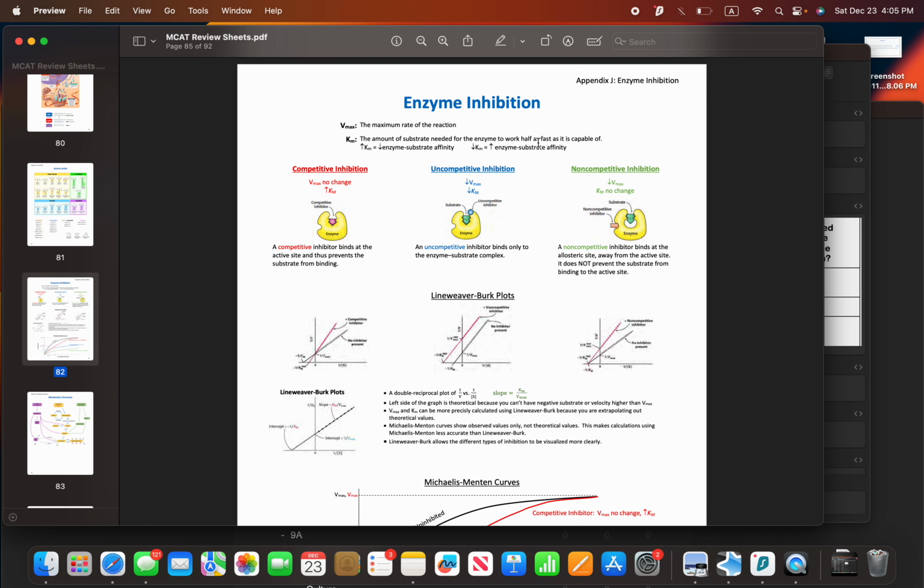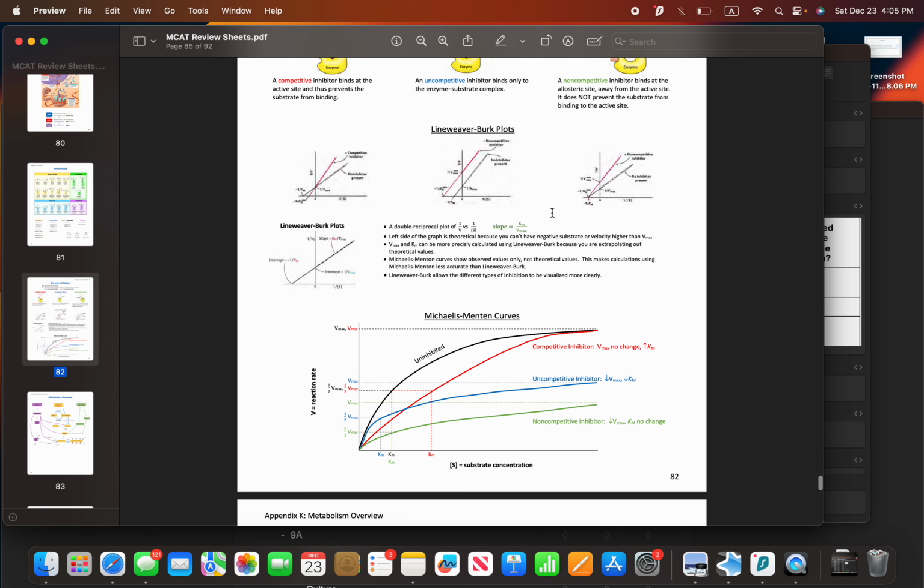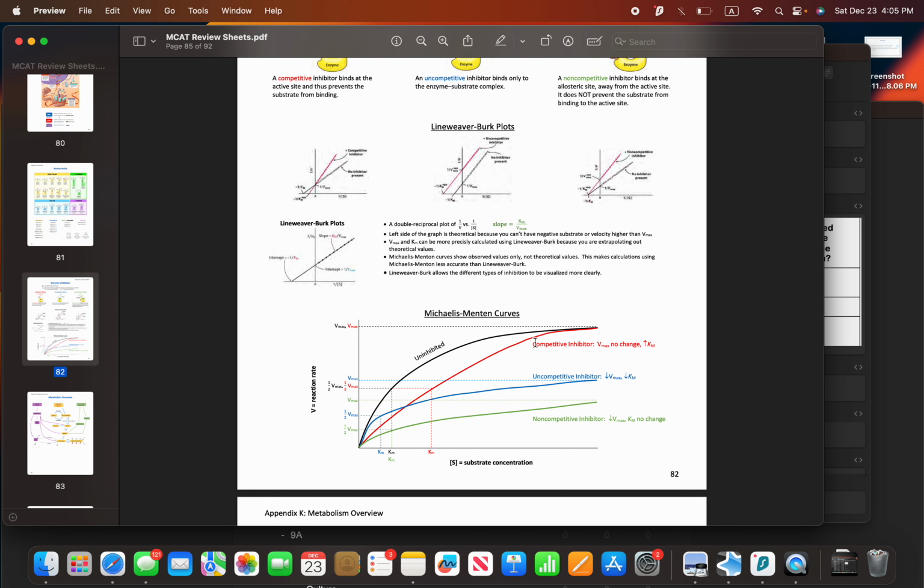I will continue with this, but for now, that's where we left off. You see here that the competitive inhibitor does not affect the Vmax, but increases the Km.